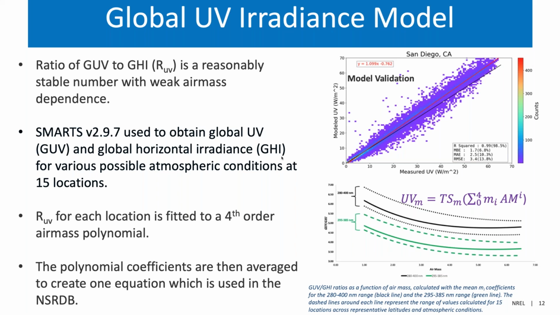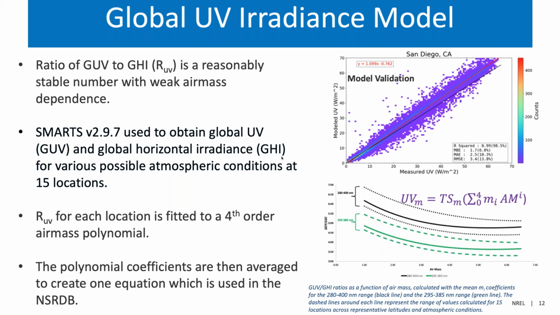That's what we found. So we essentially chose 15 locations and used SMARTS, which is a clear sky spectral model, to calculate GUV and GHI for various possible atmospheric conditions, various solar angles.